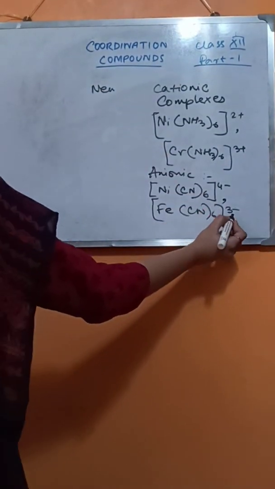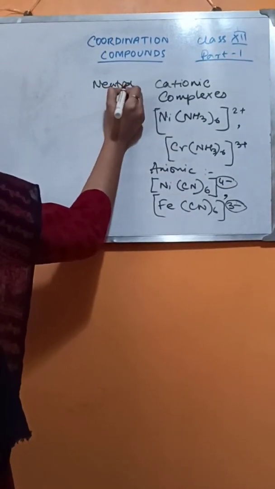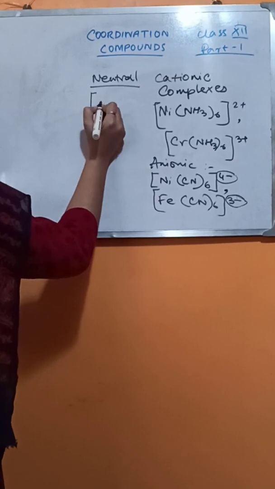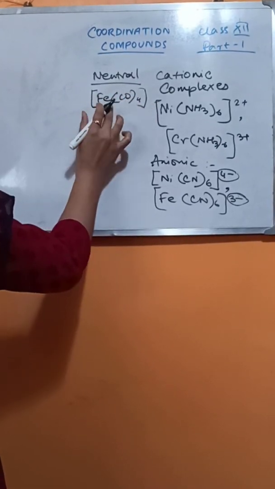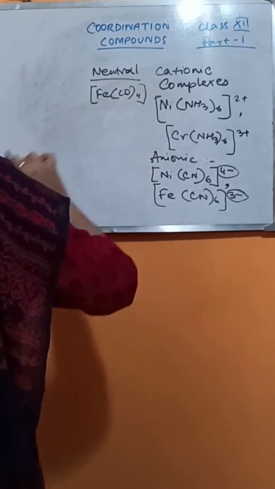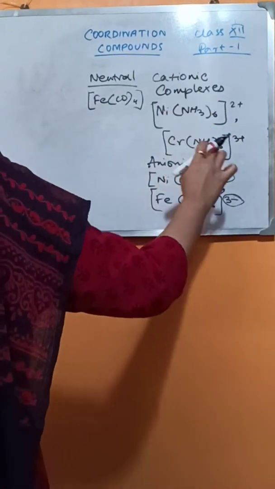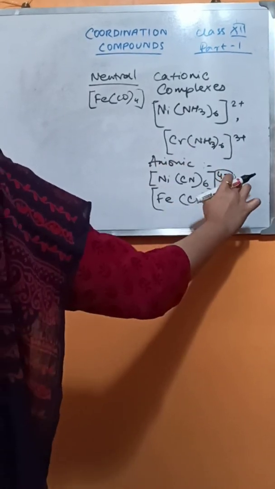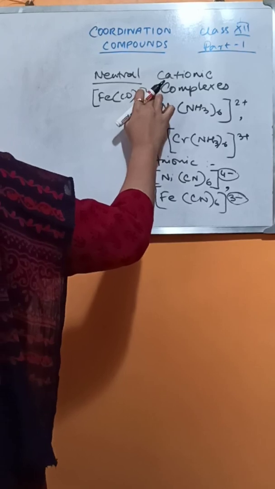Anionic complexes means having negative charge, and neutral complexes are those complexes which do not have any charge. So cationic complexes have positive charge, anionic complexes have negative charge, and neutral complexes have zero charge or no charge.